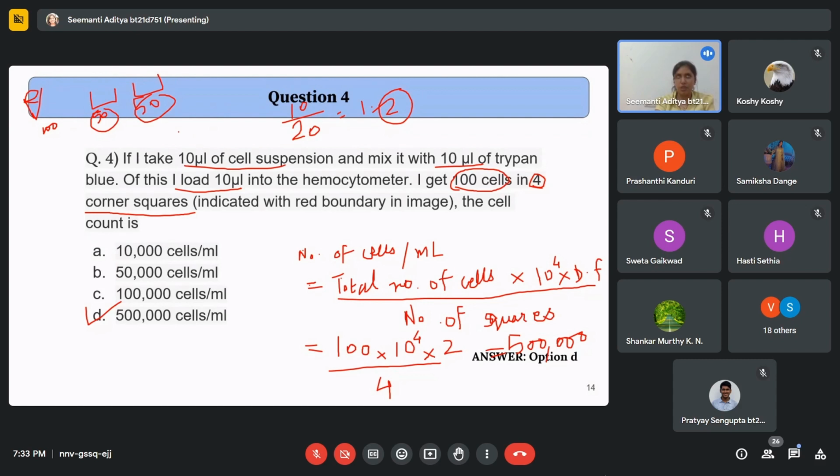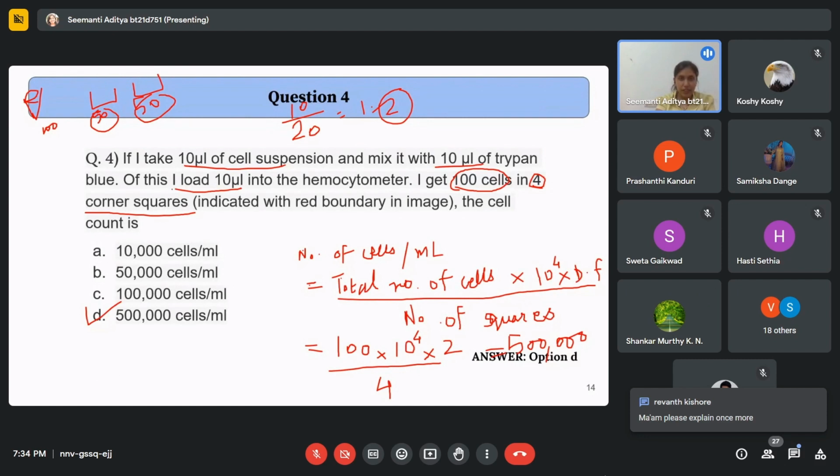And 1:1 dilution, how will you calculate? 10 microliter of cell suspension and again 10 microliter, that is 1:2 dilution only. 1:1 cell dilution, I've never thought about that. Maybe I have to check. It's okay, madam.